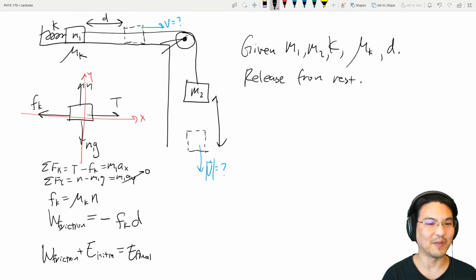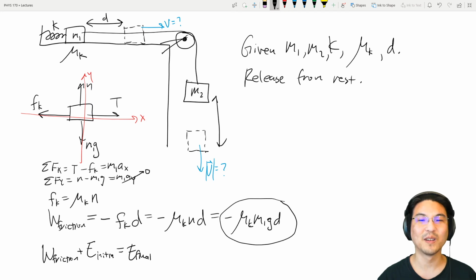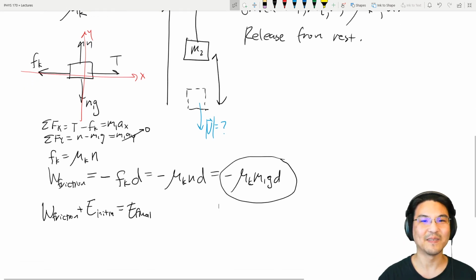And we just have the expression here, mu k times n, and we just solve for n right here, n equals m1g. Okay, so look, we have an expression for the work by friction. It's that in joules.